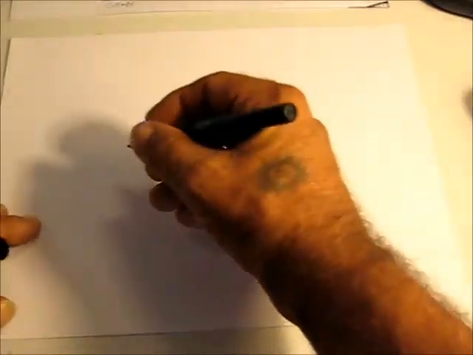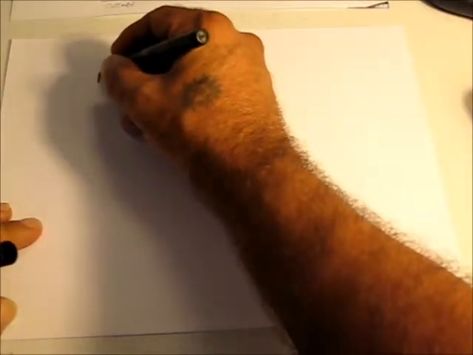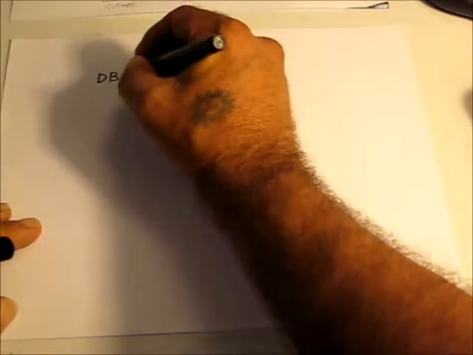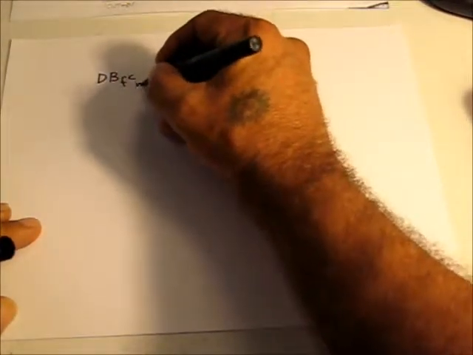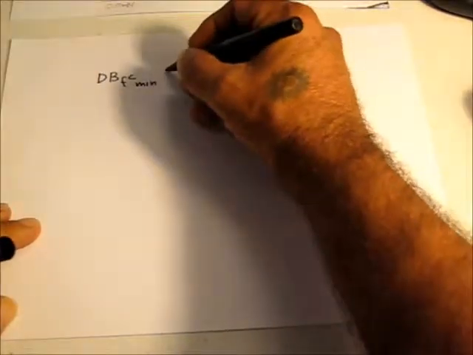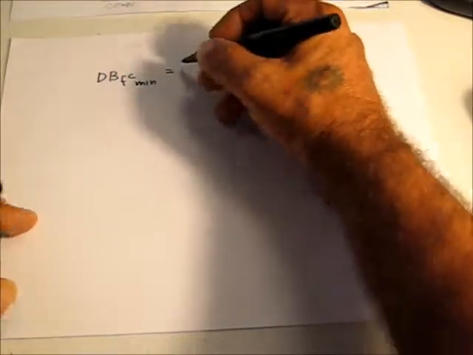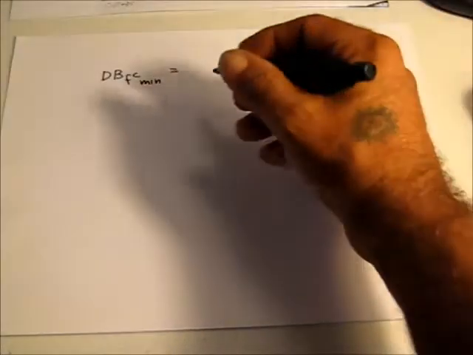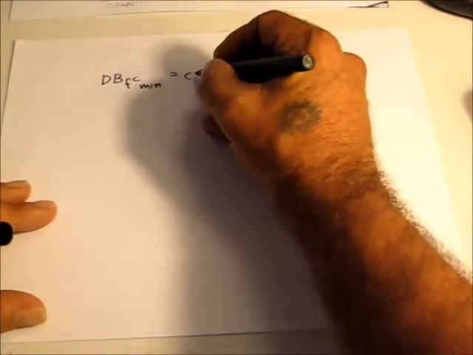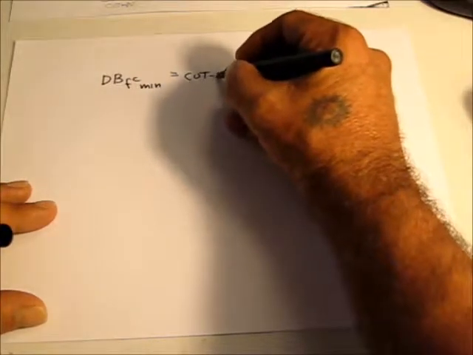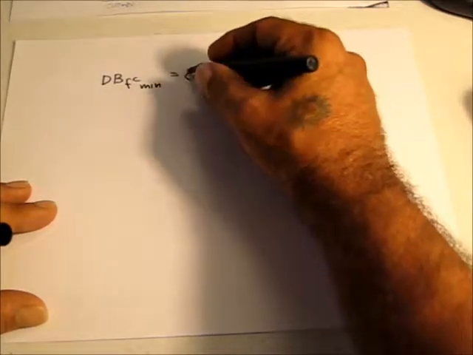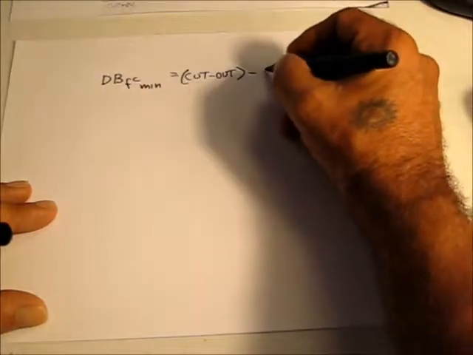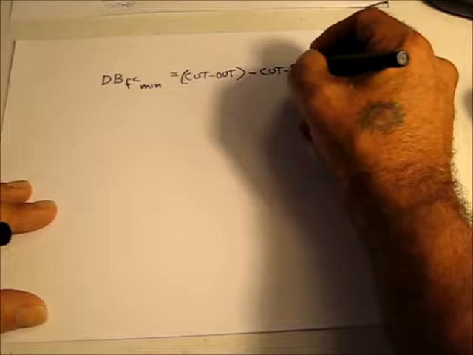So we are looking for deadband foot candles minimum, in our case equaling 4, but we won't worry about that now, and we know that that is going to be the cut-out value minus the cut-in value. All right? Cut-out, we'll put this in brackets so we know it's one value, minus cut-in.